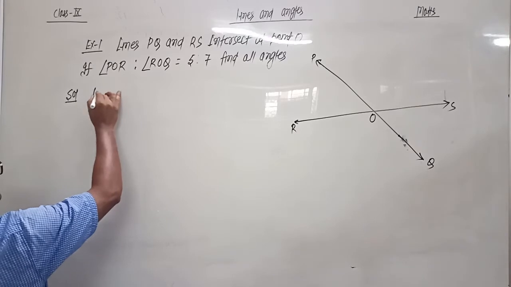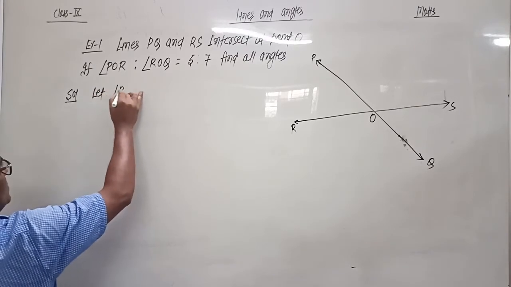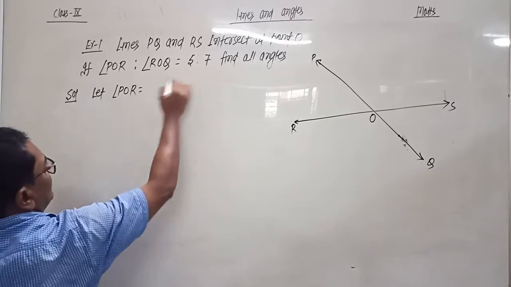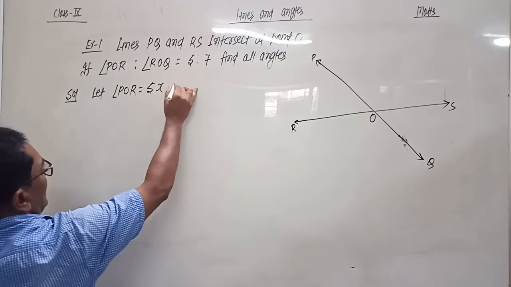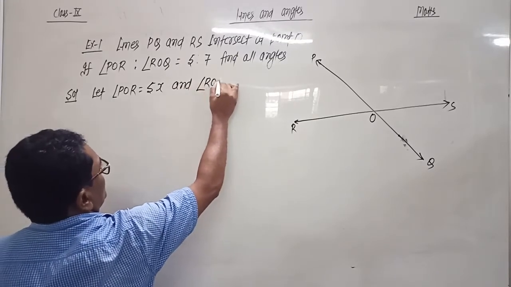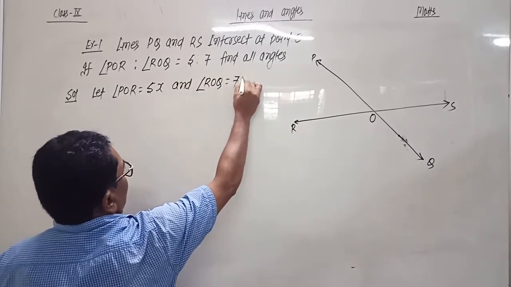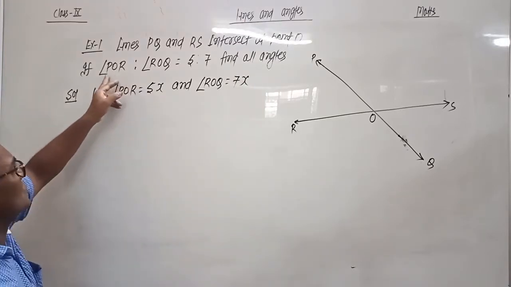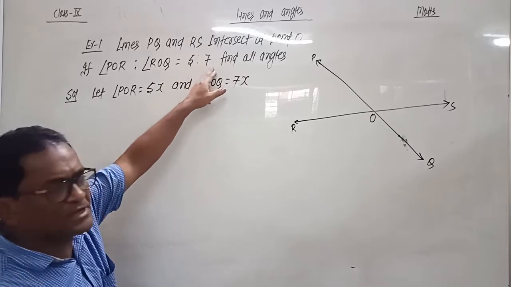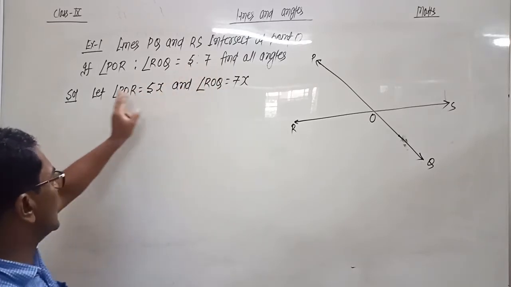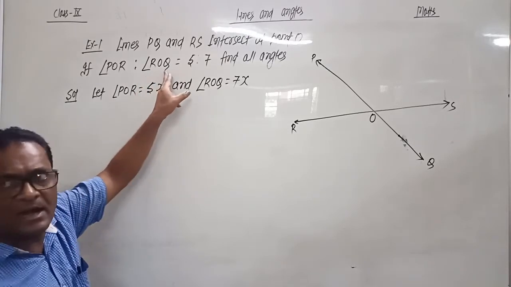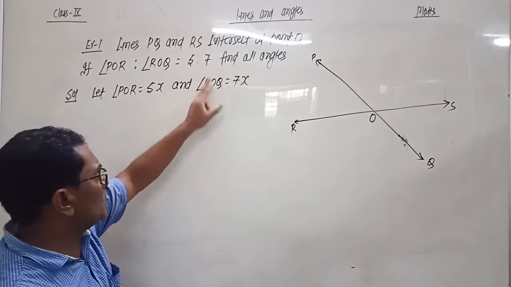So let angle POR equal 5x and angle ROQ equal 7x.